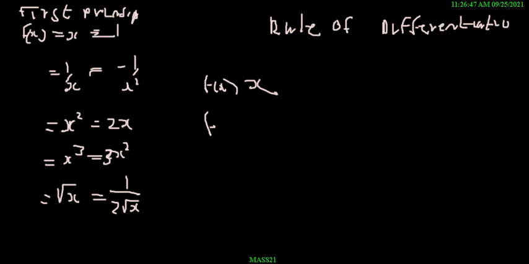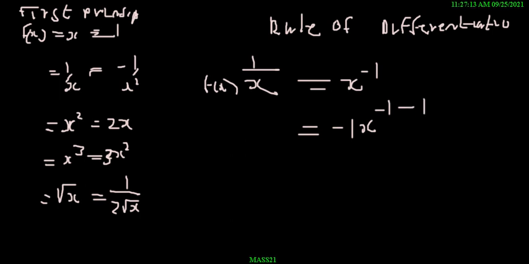We can try the second one, which is 1 over x. 1 over x is the same as x to the power negative 1, which is equal to multiplying the power by the constant, so negative 1 times x to the power negative 1 minus 1.